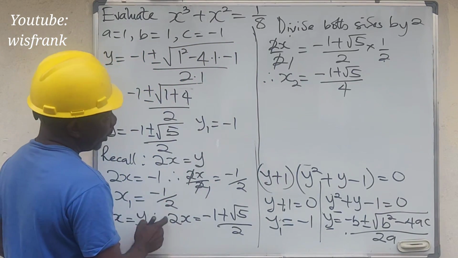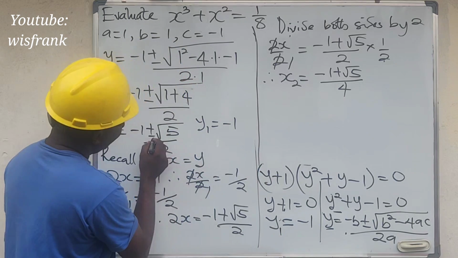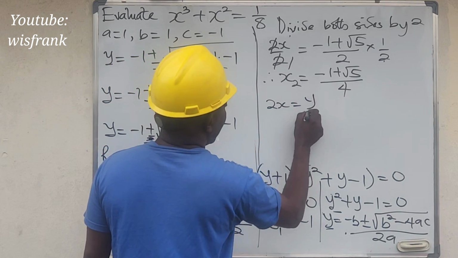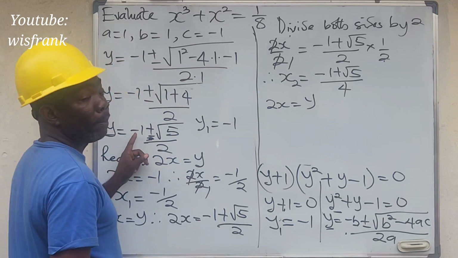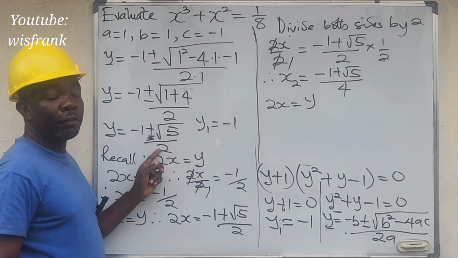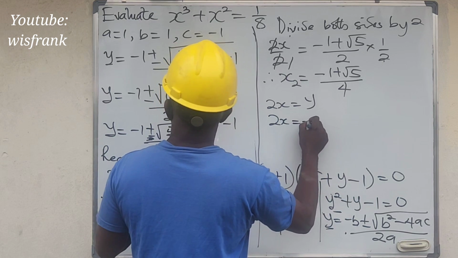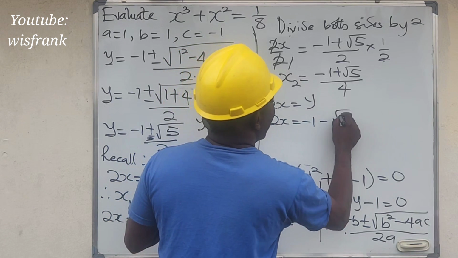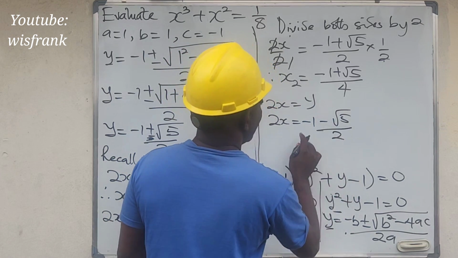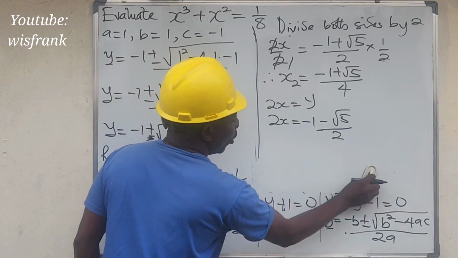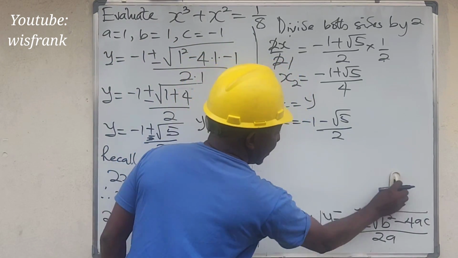So for the third value of x, we pick from here. We have 2x equals y, at y equals minus 1 minus root 5 all over 2. So this will become 2x equals minus 1 minus root 5 all over 2. From here, we can divide both sides by 2.